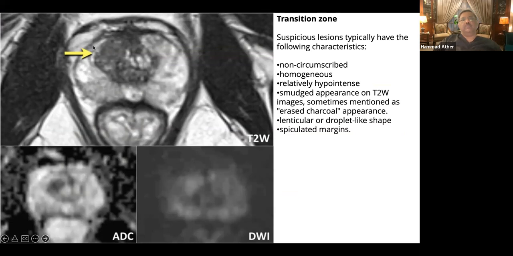So right anterior, right posterior lateral, and right posterior medial. And this is how you describe the location of your lesion so that there is no misunderstanding. Whereas the transition zone only has anterior and posterior.